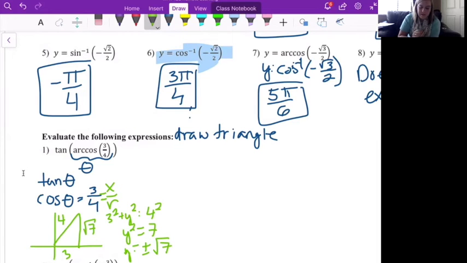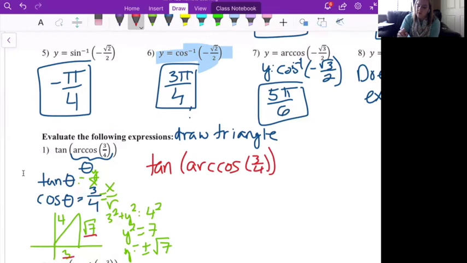And then tangent is y over x. So then tangent of arc cosine 3/4, we still use the same triangle, and so it's going to be the square root of 7/3.